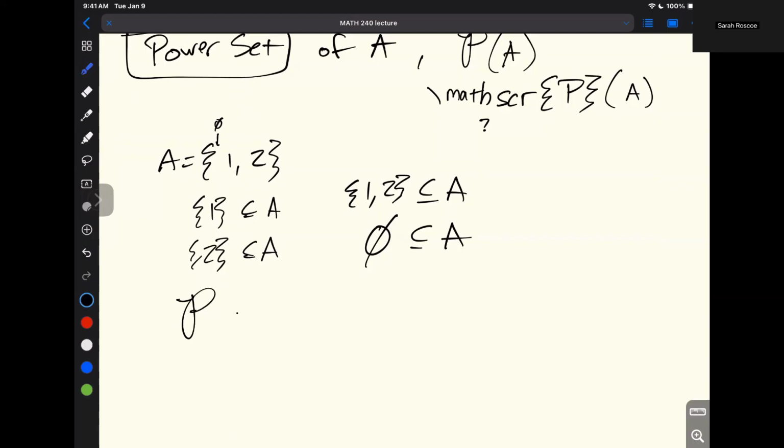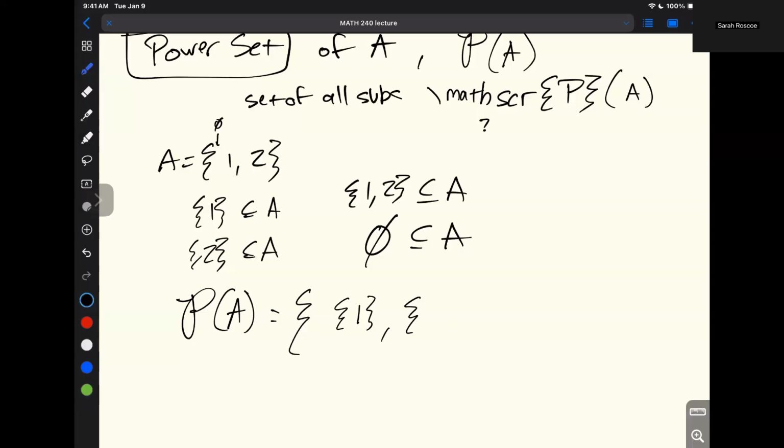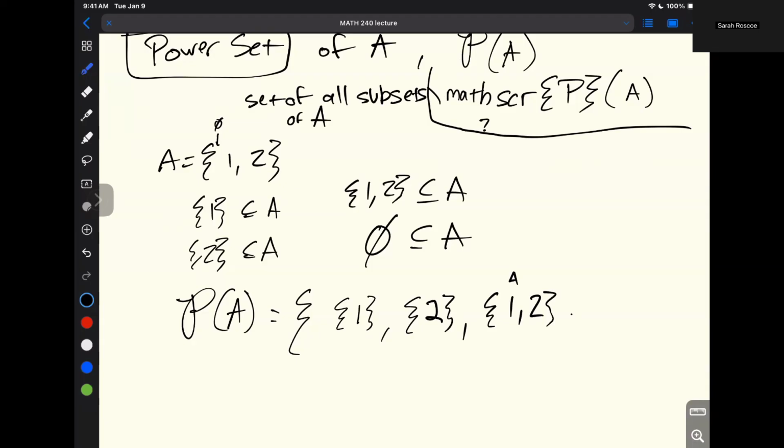Now that we know all of them, we can say the power set of A is the set containing, because this is a set of sets, the set of all subsets of A. So the power set is the set containing 1, the set containing 2, the set containing 1, 2, which just so happens to be A itself, and the empty set.